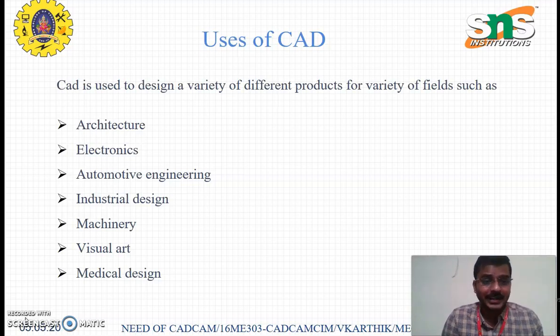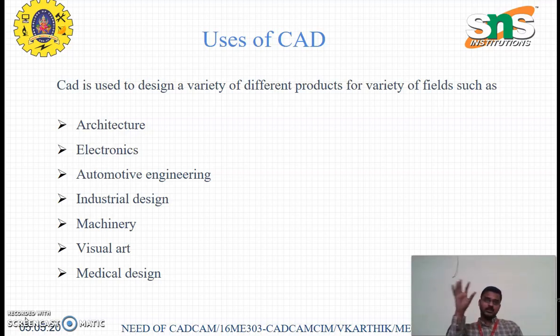Uses of CAD. Nowadays, not only in mechanical streams but in all engineering streams, CAD is very beneficial. Even in electronics and electricals, CAD is used to design a variety of products, and in a variety of fields such as architecture, meaning construction work or designing infrastructures. These are the places where they use CAD software.